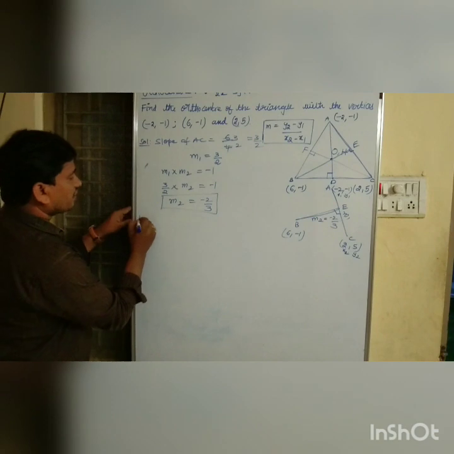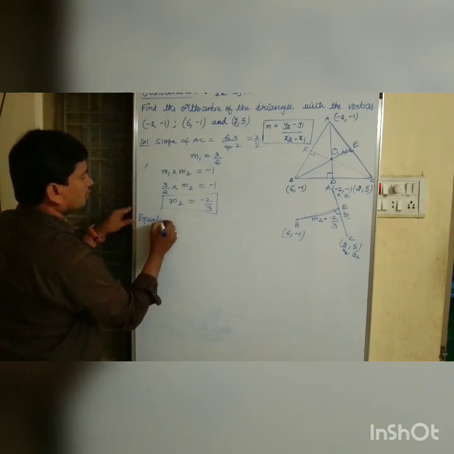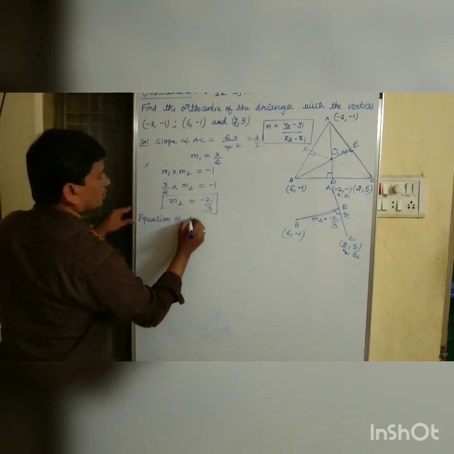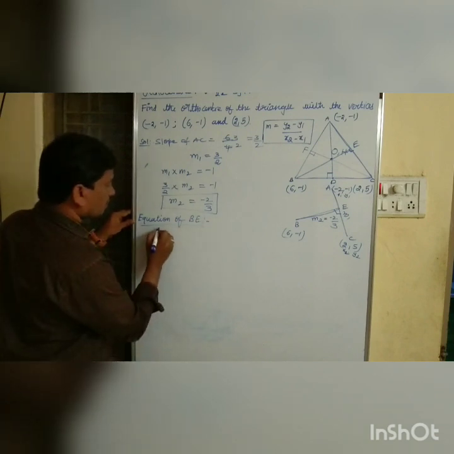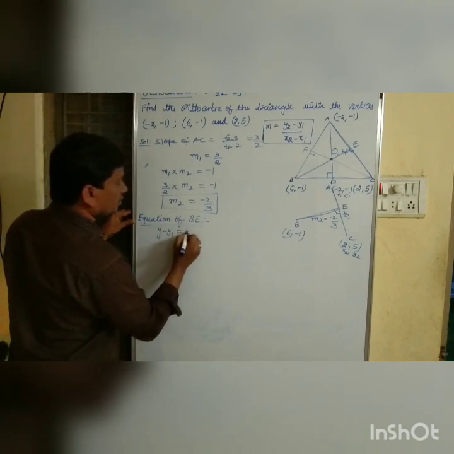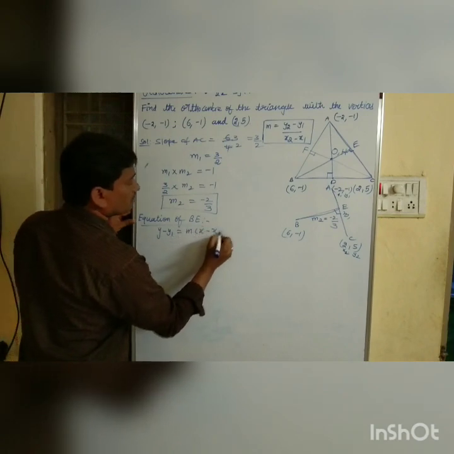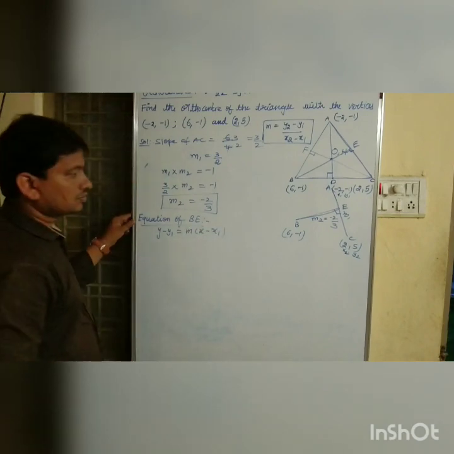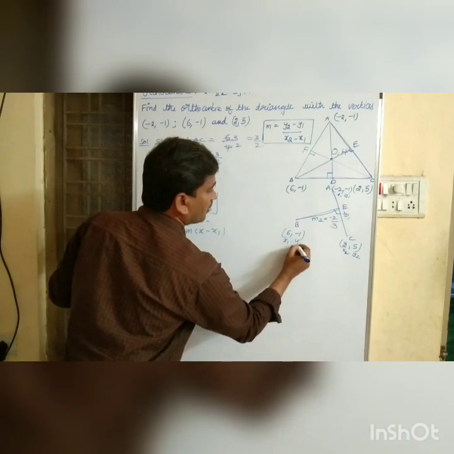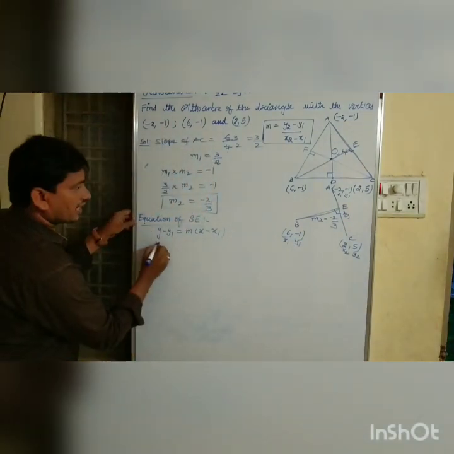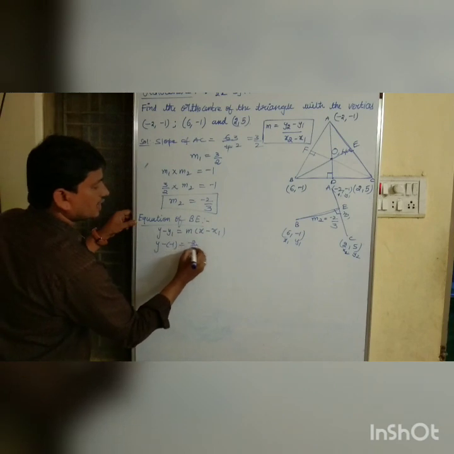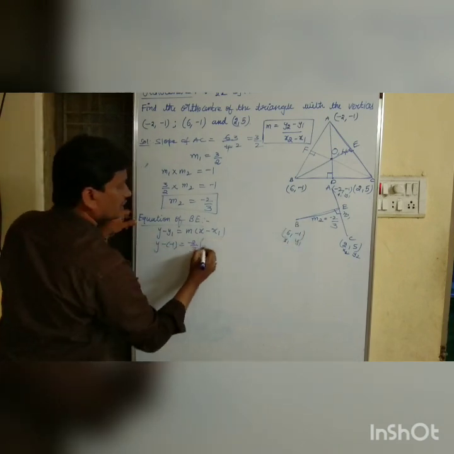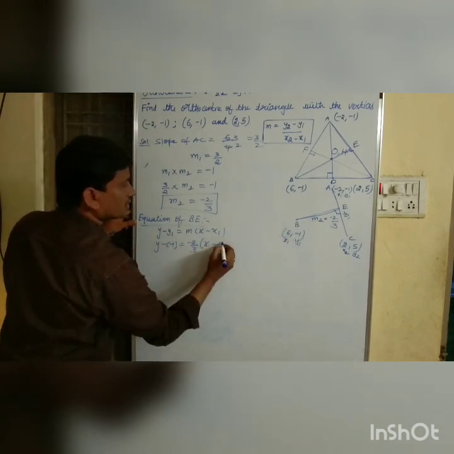Now let us find the equation of BE. We have the formula y minus y1 equal to m into x minus x1. So with x1, y1 being (6, -1), y minus of minus 1 equal to the slope m, which is minus 2 by 3, into x minus x1, which is 6.